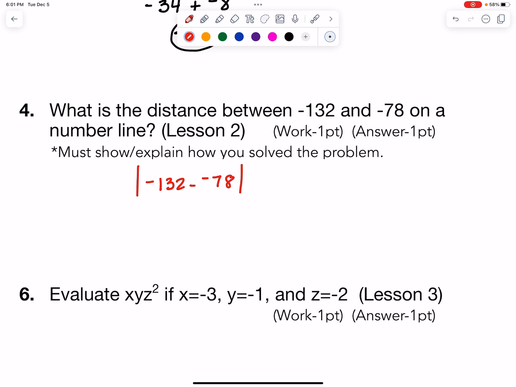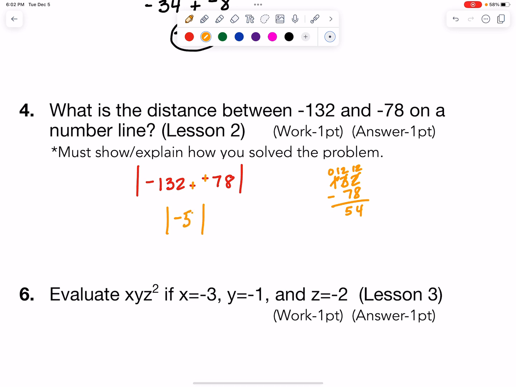And so KFC, and we have different sign, subtract. So we have 132 minus 78, keep the sign of the bigger, but it's in absolute value. And so we have 54.